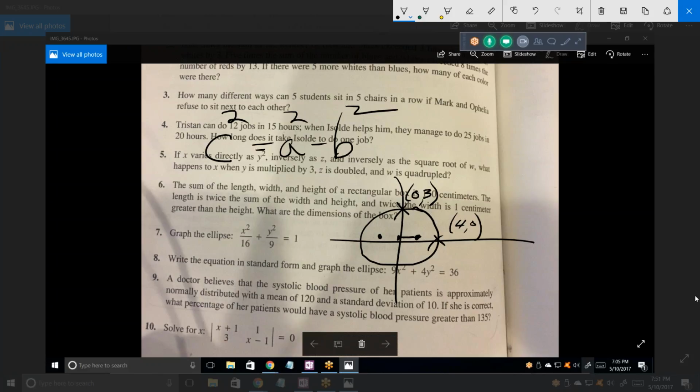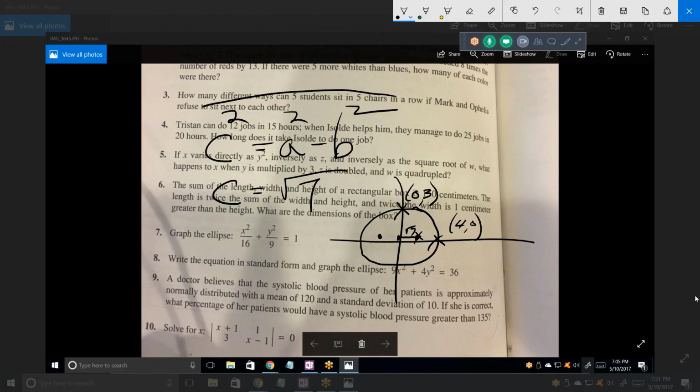And we know A is 4. We know B is 3. So C would end up being the square root of 7. And that's that distance right there, square root of 7. So the focus is the point square root of 7 comma 0.